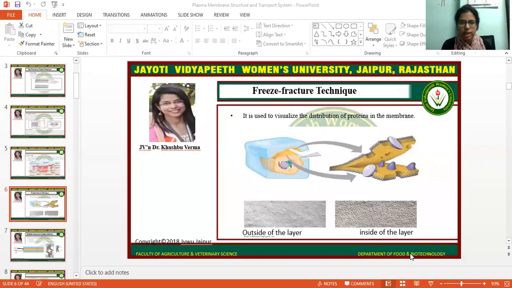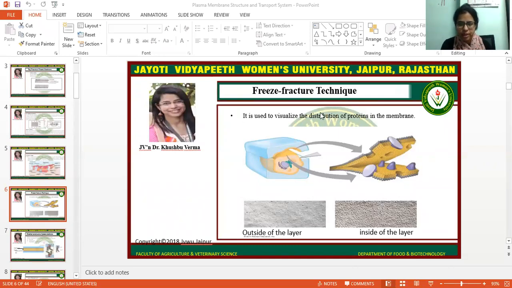Basically, in this, scientists use a knife which can cleanly cut the plasma membrane into two separate lipid layers. So here you can see the picture of the inside and outside layer of the plasma membrane.